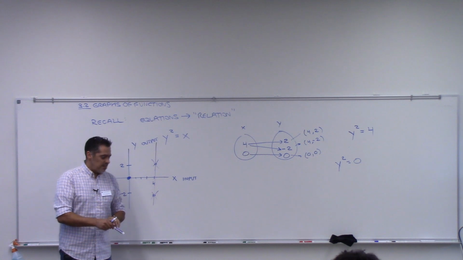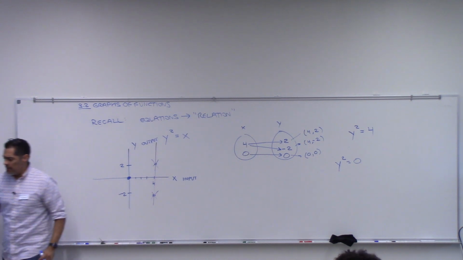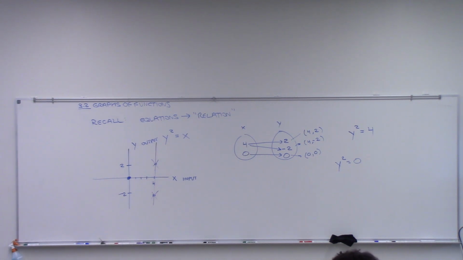And we have a test for this. If somebody graphs a function for you, or graphs something for you, and you want to check to see if it's a function, hold on, let me see, where is it? I thought I put it on here. All right, it's over there.